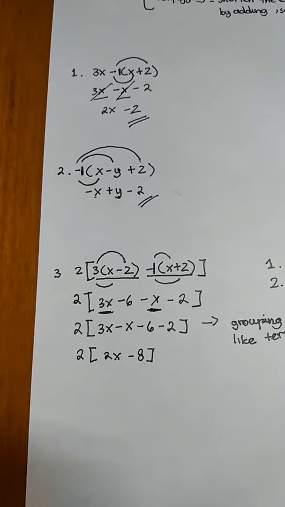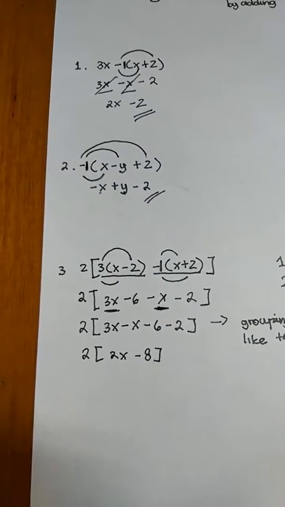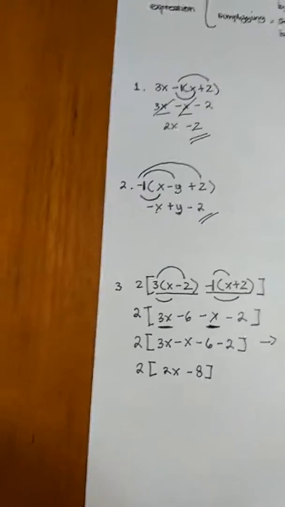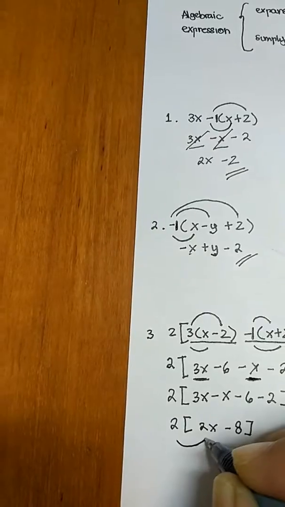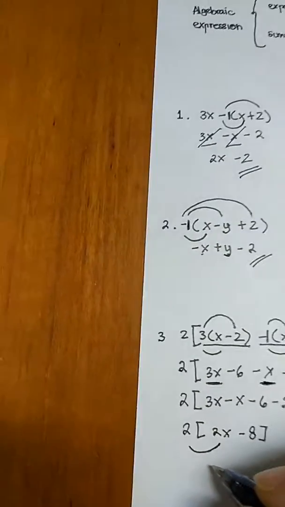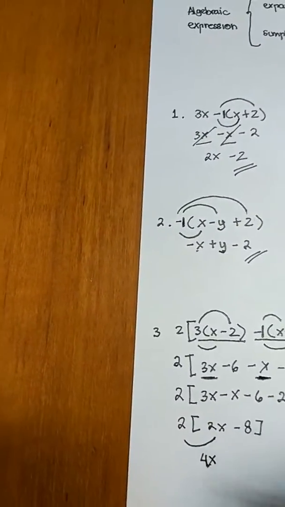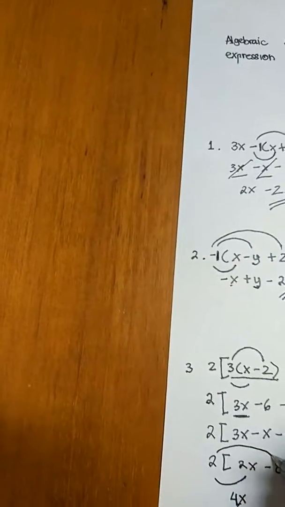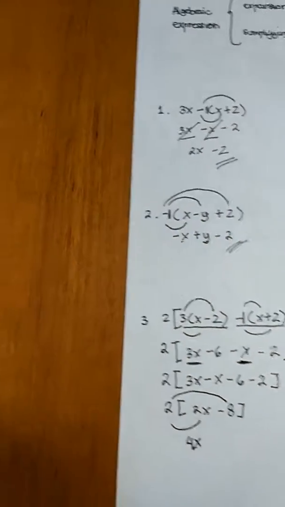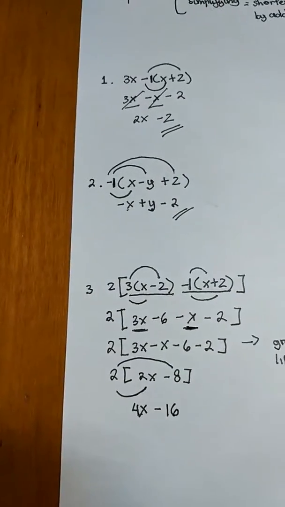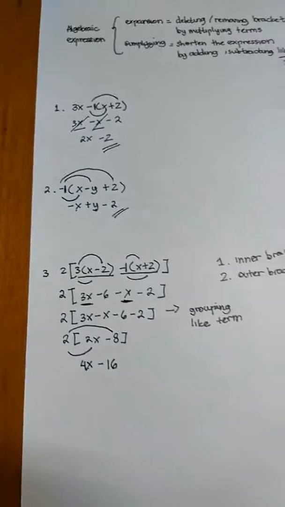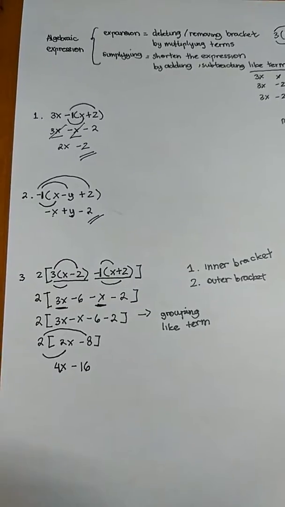Well, basically no, because there is still a bracket, so we can still expand it, right? So expand it. Distributive law again. This one becomes 4x. And the last one there, that one will be minus 16. I hope that you do understand about this. Thank you.